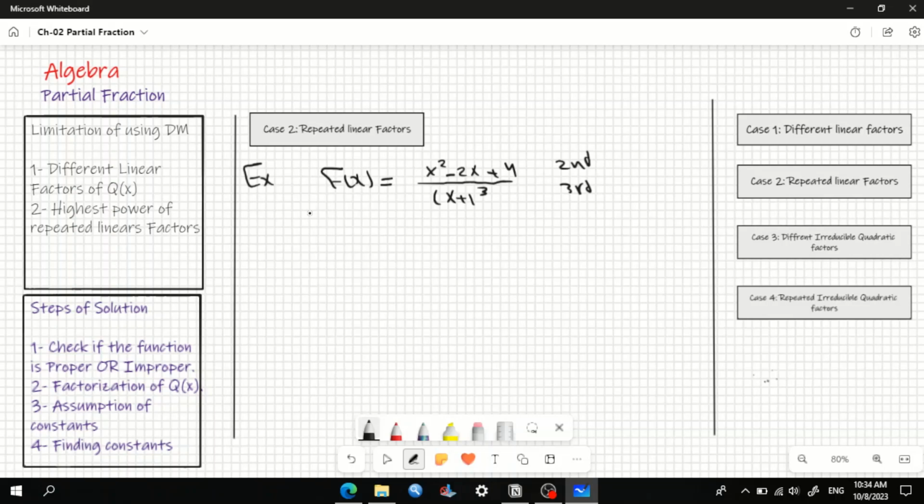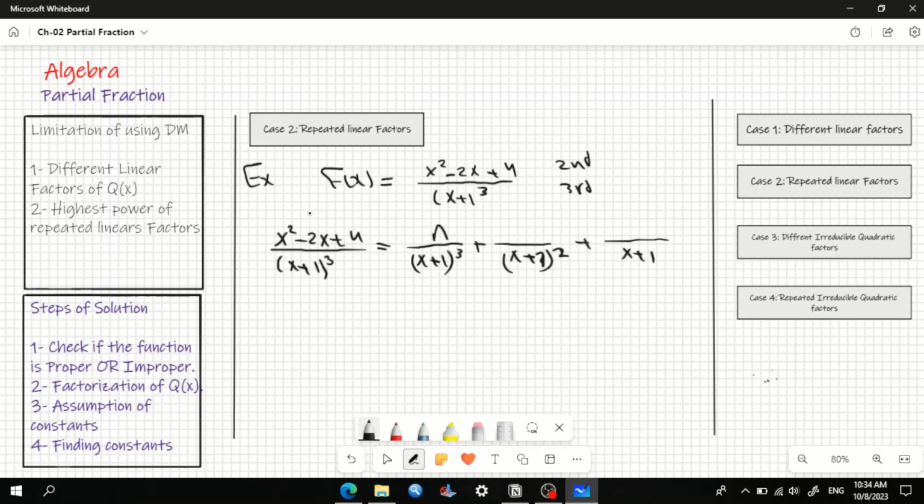So f of x, x squared minus 2x plus 4 over x plus 1 to the power 3, equals a over x plus 1 cubed plus b over x plus 1 squared plus c over x plus 1.